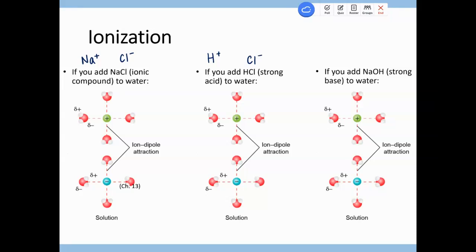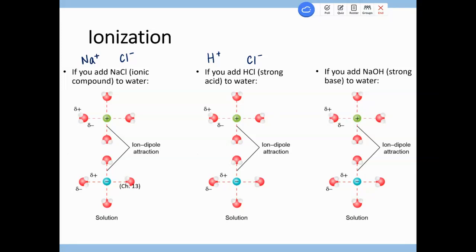We have two nonmetals, but it behaves like one, where it completely separates into the cation and anion. Same thing: Cl- is dissociated and is dissolved by the partial positive hydrogens, and H+ is attracted to and dissolved by the partial negative oxygens.